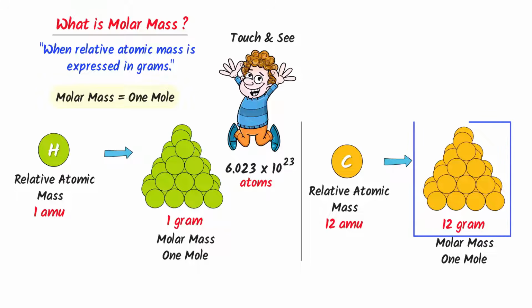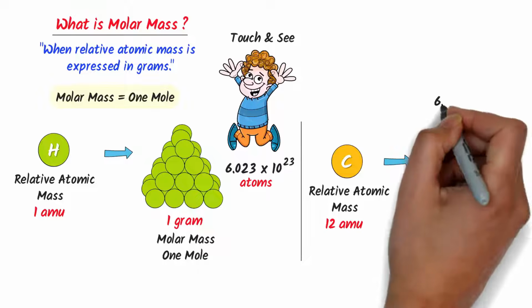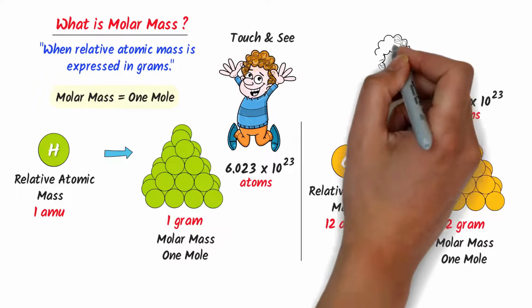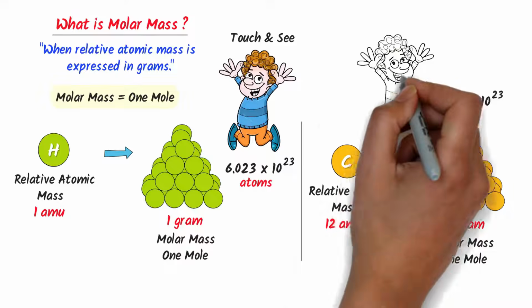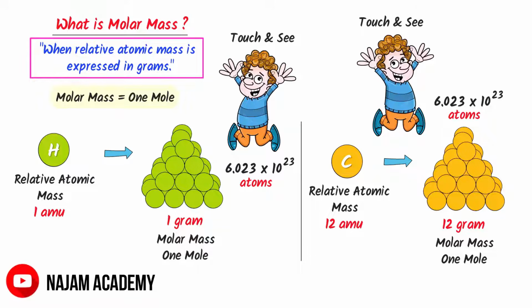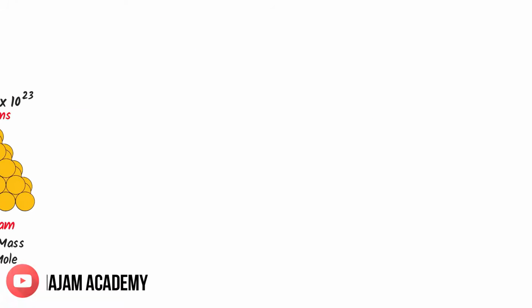Now if I count the total number of carbon atoms in 12 grams, it would be 6.023 × 10^23 atoms of carbon. So I can see, touch or do chemistry with 12 grams of carbon. Therefore remember that when we express relative atomic mass in grams, it is called molar mass.